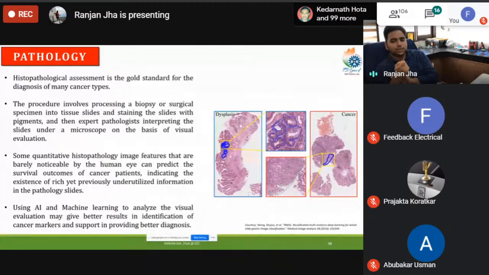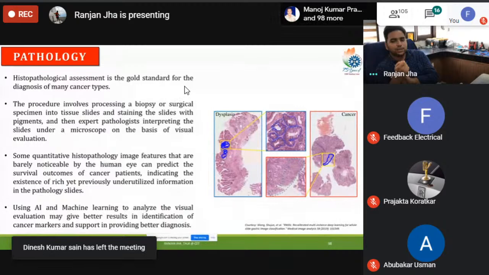Some quantitative histopathology image features are barely noticeable by the human eye but can predict the survival outcomes of cancer patients, indicating the existence of rich yet previously underutilized information in the pathology slide. You can imagine a system which continuously takes these images, because once you give a computer or processor this image, it has the ability to scan all the images.